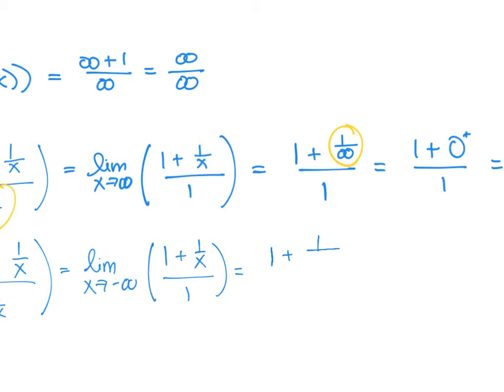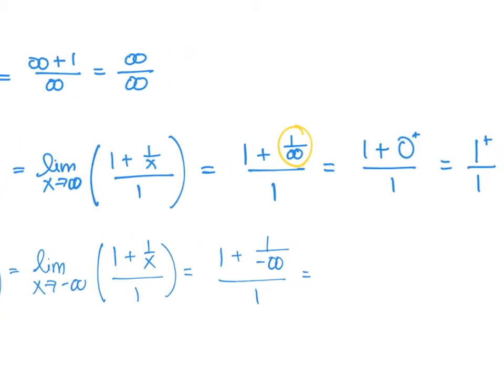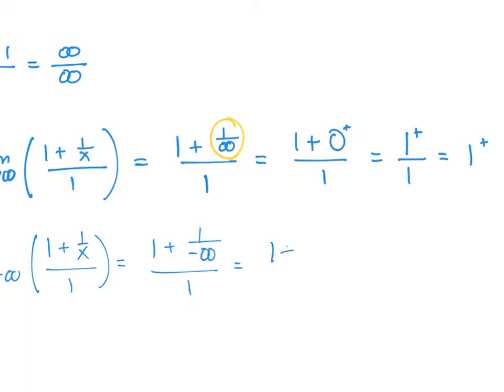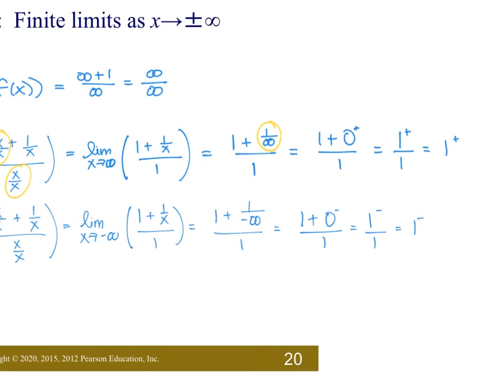So 1 plus 1 over negative infinity over 1. Well, the rule still is if you divide by the largest number possible, the answer is the smallest number possible, which is 0 minus this time because we divided by negative infinity. So that would give me 1 plus 0 is 1 minus, divided by 1. So I get 1 minus.